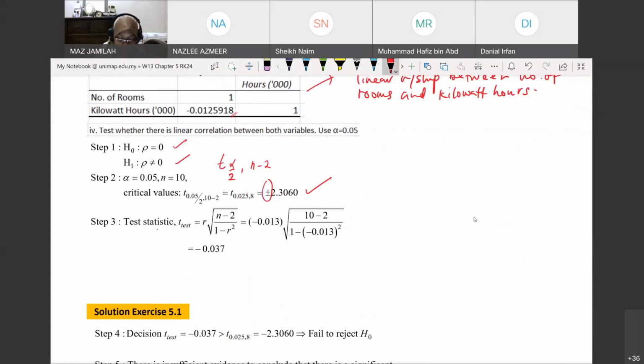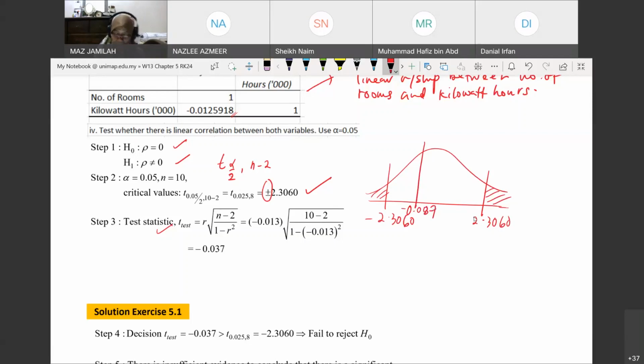Then our test statistic using our R and n, so you will get negative 0.037. So if you plot in terms of the decision, you have negative 2.3060 and positive 2.3060, and this is your rejection region, and your test statistic is negative 0.037, which falls in the non-rejection region.